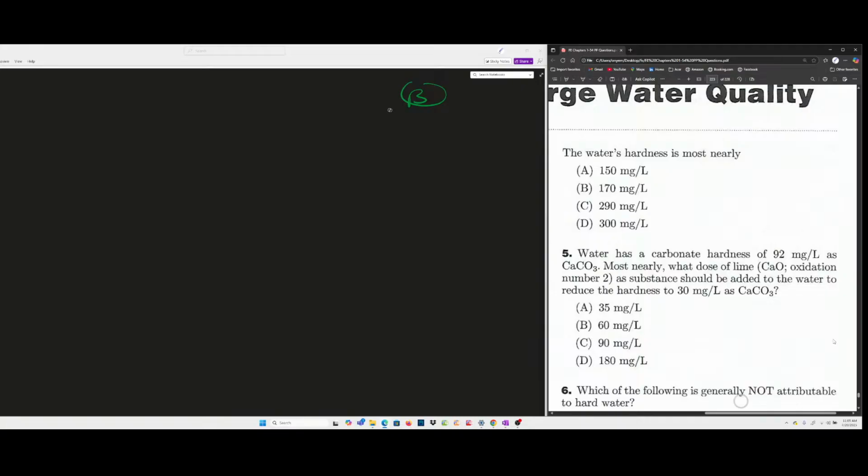Equation 5 is kind of similar to what we had in equation 3, but in equation 3 they completely neutralized, so the concentration didn't change. In equation 5, let me just read it. Water has a carbonate hardness of 92 milligrams per liter as CaCO3.